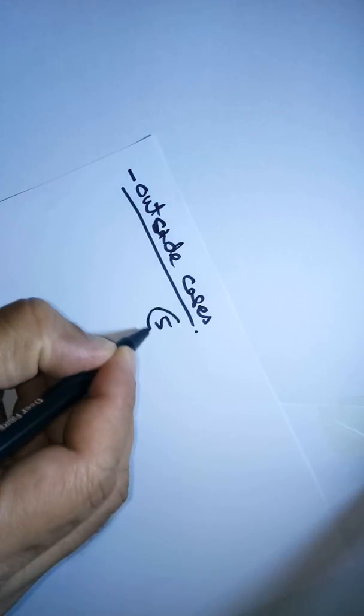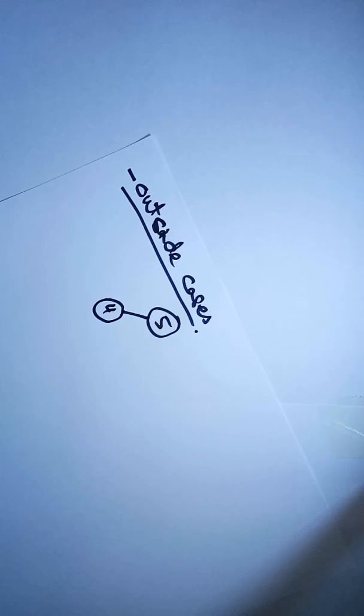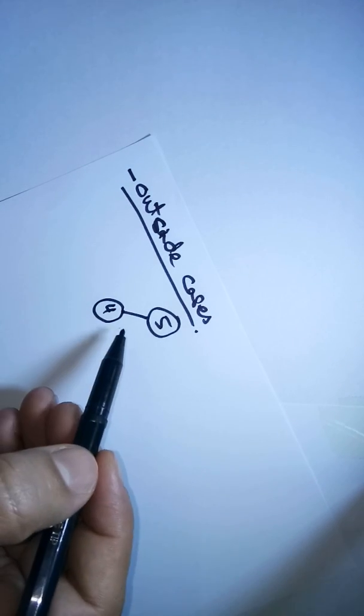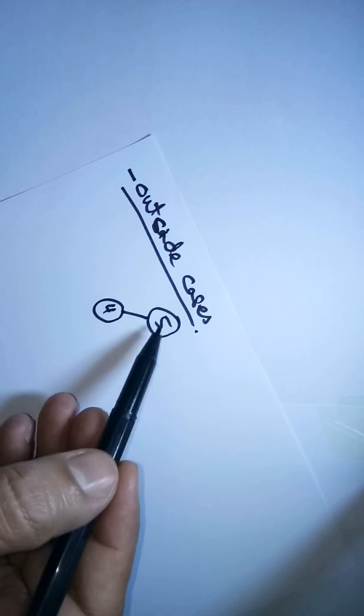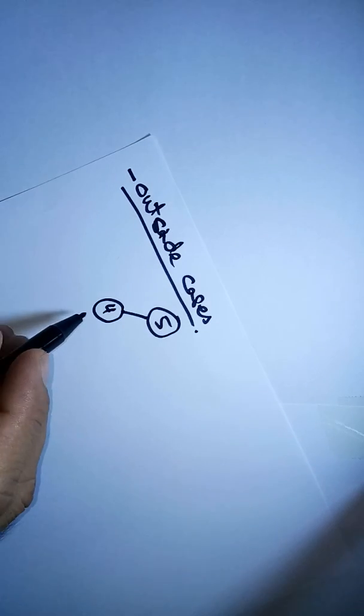What is an outside case? Let's say I inserted 5 in a tree, so it becomes the root node, fine. Then I inserted 4. It will go to the left of this. Check the balance factor. The balance factor is 1 minus 0, that is fine. Now I inserted 3.